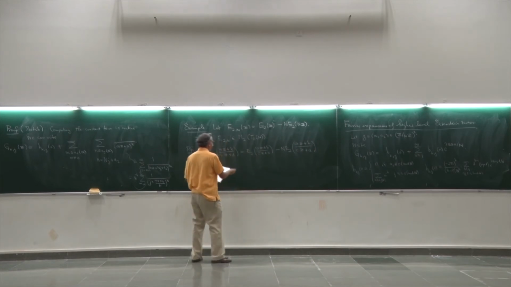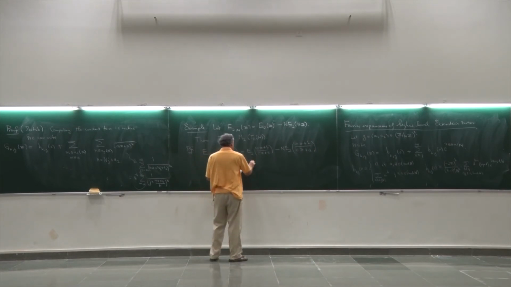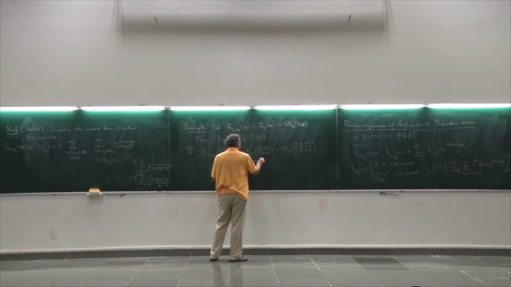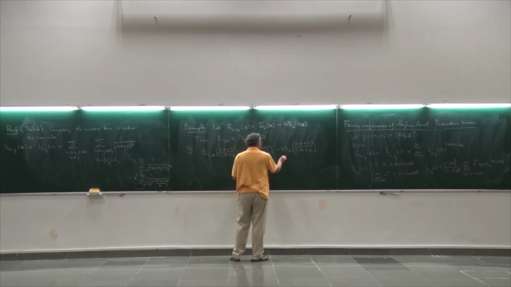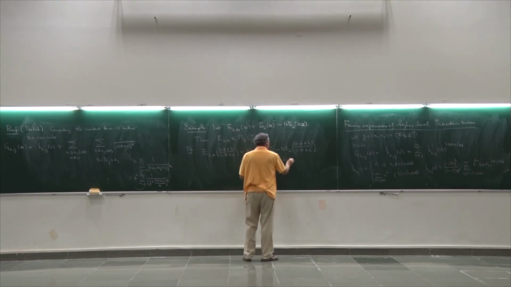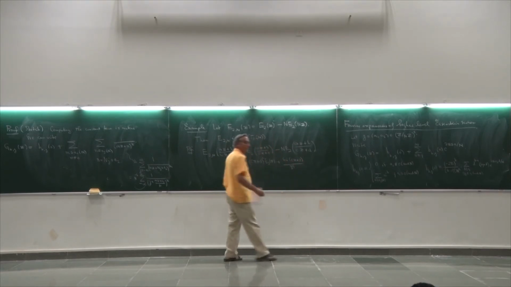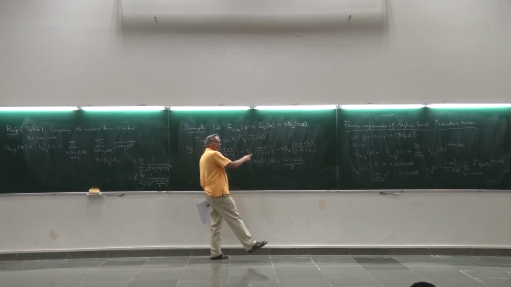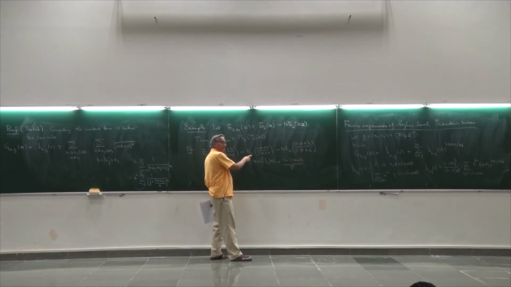The first term here is (cz plus d) squared times E2 of z, plus this fudge factor, right from the transformation rule for E2 of (az plus b over cz plus d). This is what you have.